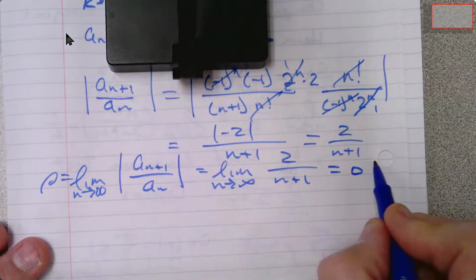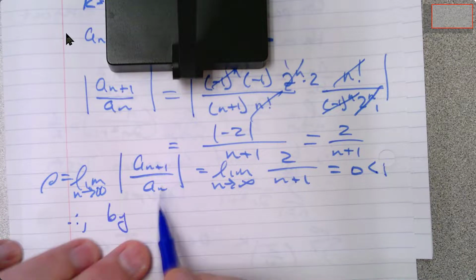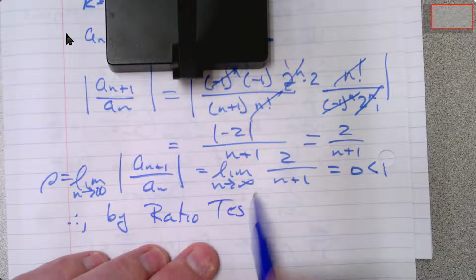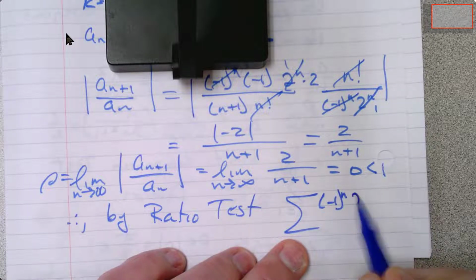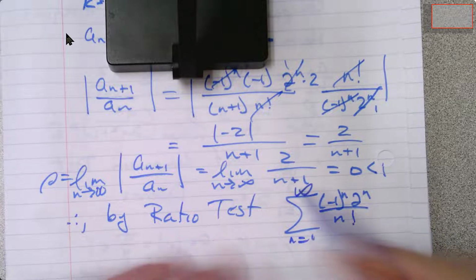And 0 is less than 1. Therefore, by the ratio test, the series minus 1 to the n, 2 to the n over n factorial converges absolutely.